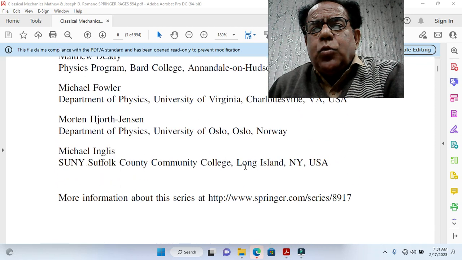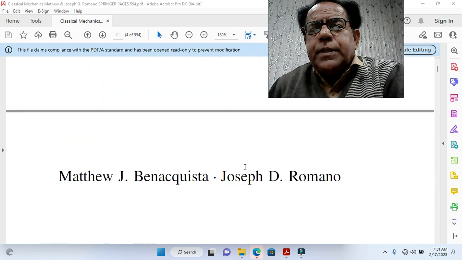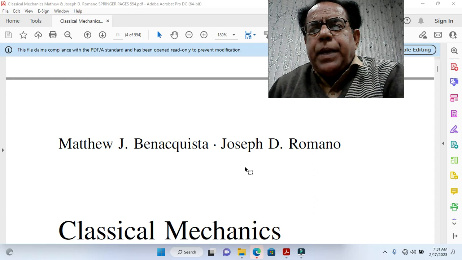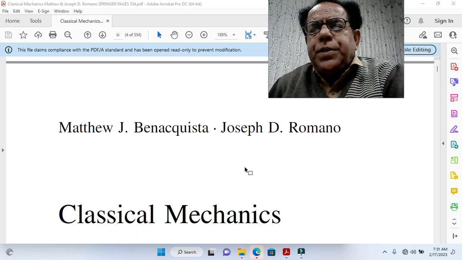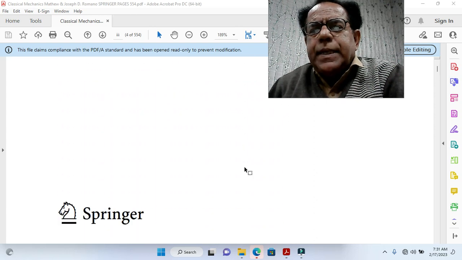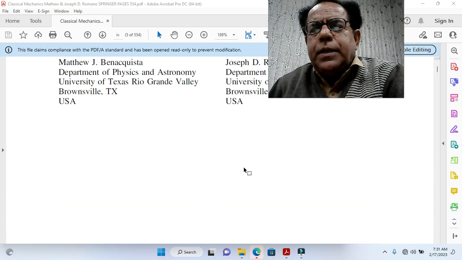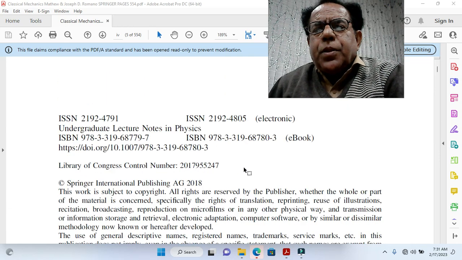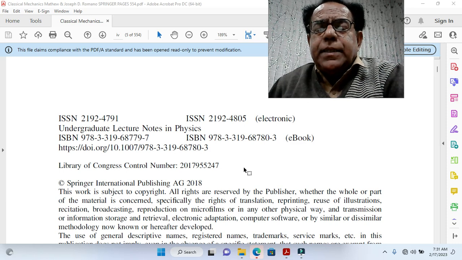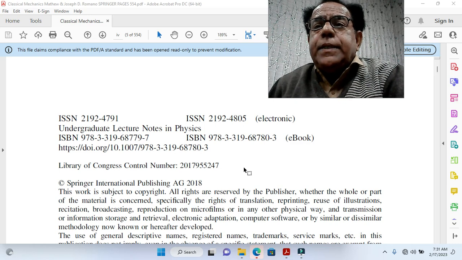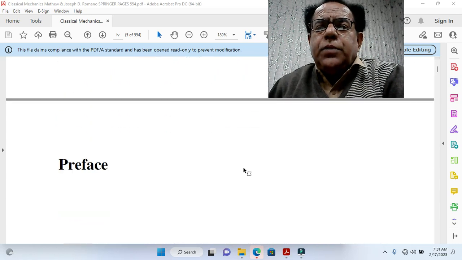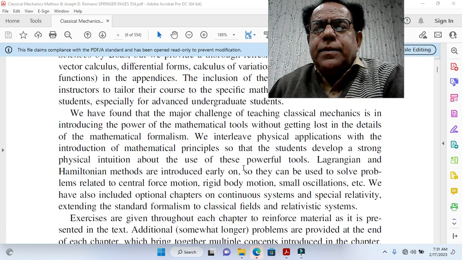Okay, we are now gradually moving towards its contents. Matthew J. Benaquista, Joseph D. Romano, Classical Mechanics, Springer publisher. Copyright, yes, 2018. This book was published in the year 2018, four or five years earlier.